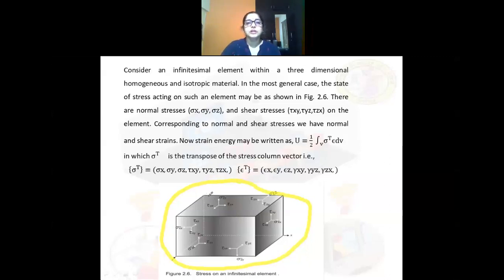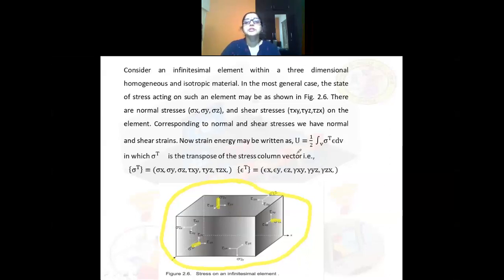In the most general case, the state of stress acting on such an element may be shown as in figure 2.6. There are normal stresses sigma x, sigma y, and sigma z.